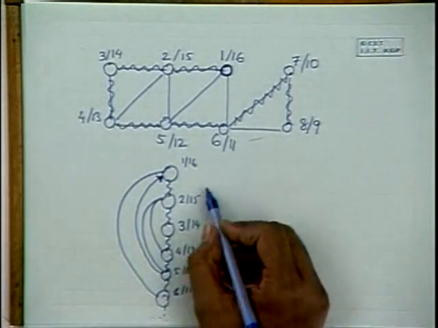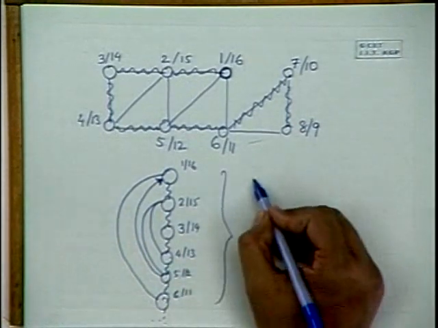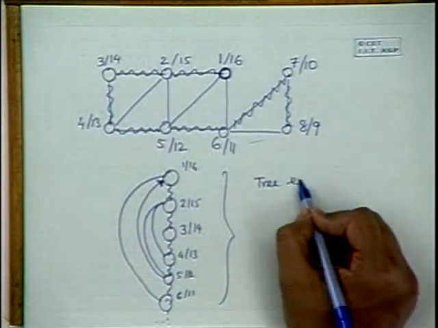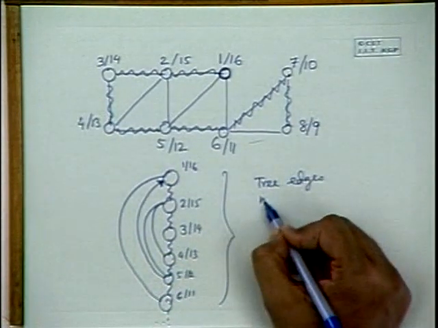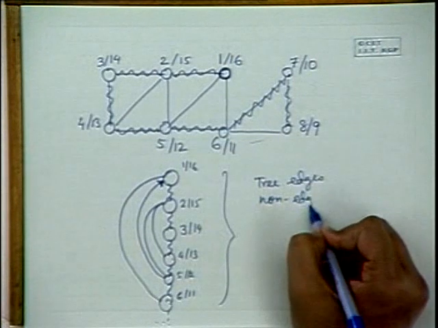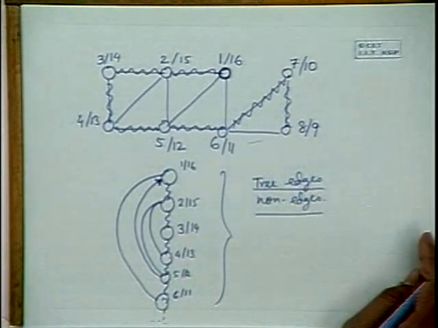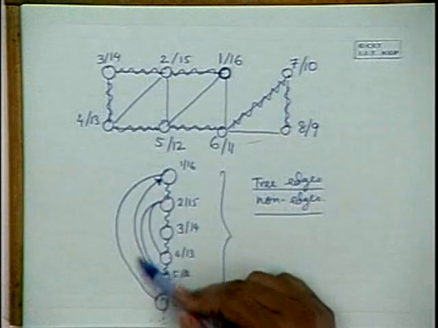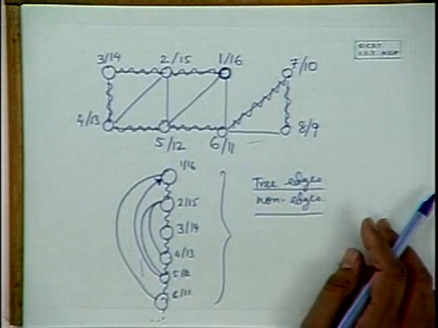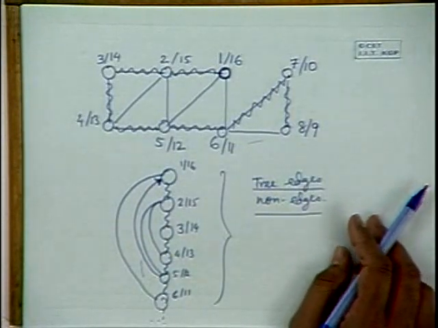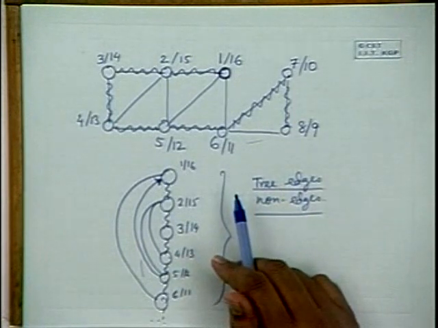Okay, so you can see this graph has tree edges and non-tree edges. There are no cross edges, and we cannot talk about forward and backward edges because there is no direction on the edge anymore. So this will be the situation if you run your DFS on undirected graphs.